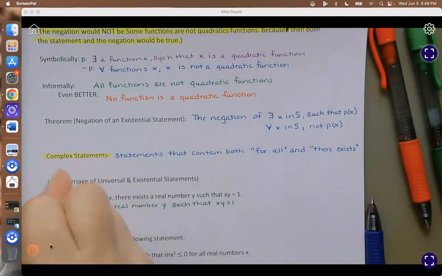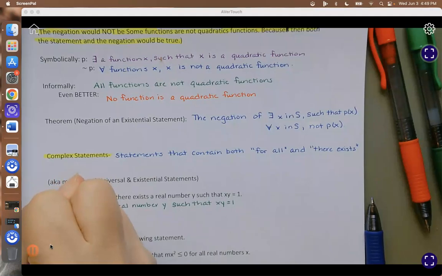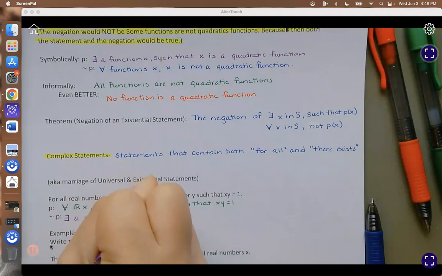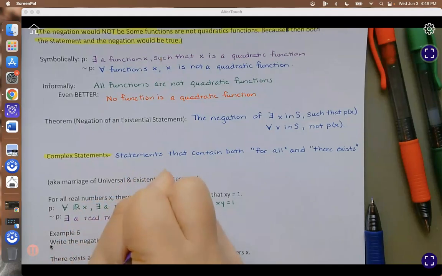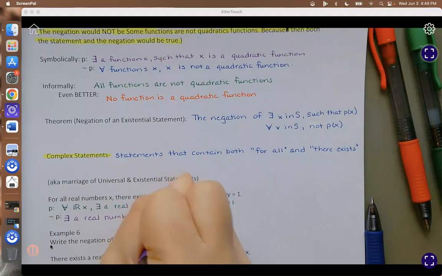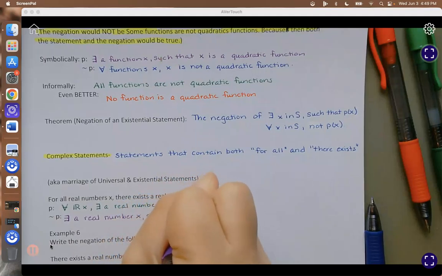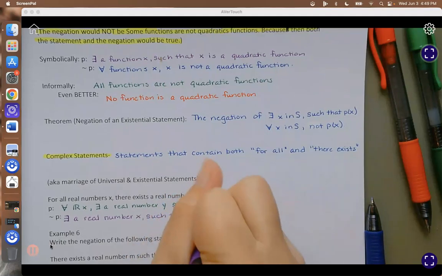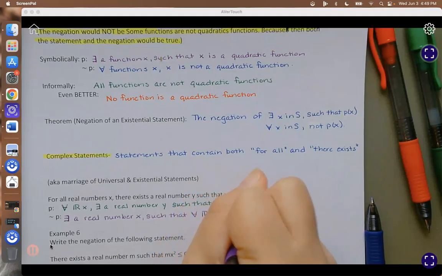Okay, so we would put there exists a real number x such that for all real numbers y, you would put xy, and remember that we put a not here.